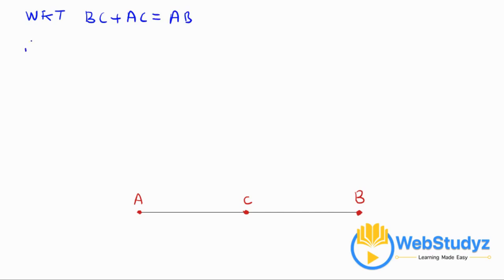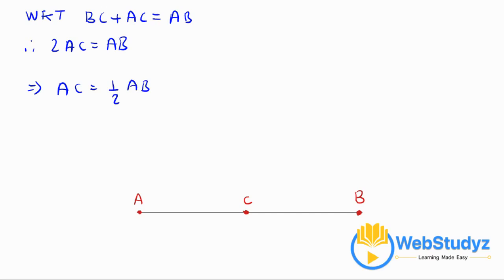So we can write 2AC equals AB. So now from here we can calculate the value of AC. So AC will be 1 by 2 AB.